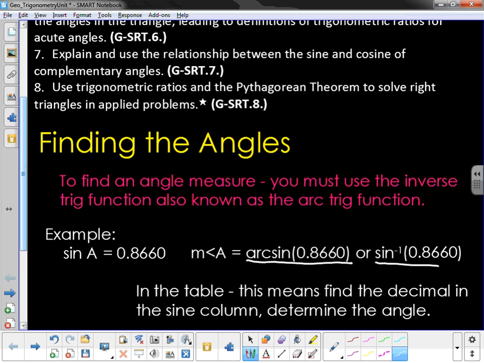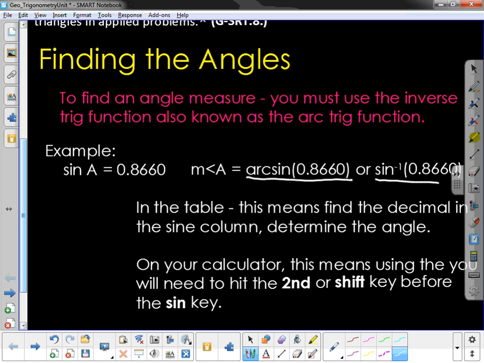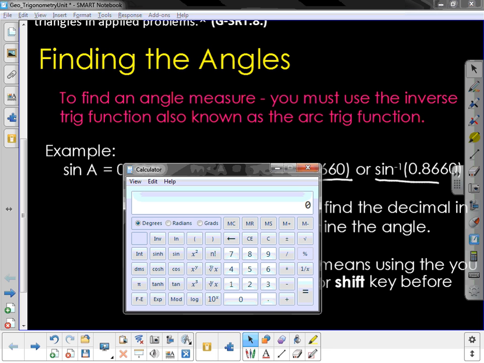Now, if I'm using the calculator, I would have to hit the second or the shift key before that. Let's bring up my calculator. On this calculator, I have to put the number in first, so remember that, 0.8660.